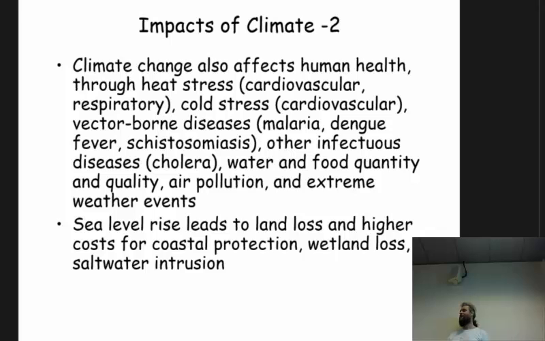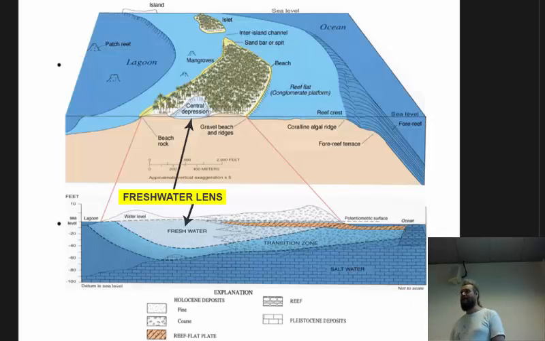Tuvalu will have to be abandoned long before it disappears under the sea, and that has everything to do with saltwater intrusions. These little islands, coral islands, have a bell of fresh groundwater under their feet. If sea level rises, the pressure of salt water on the freshwater increases.